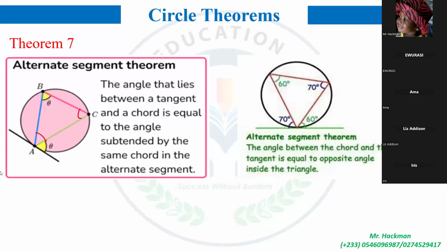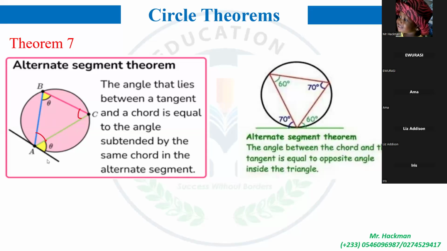So if you look at this diagram, you can see that this line here is a tangent. You all agree. Remember when we were looking at the parts of a circle, we introduced the tangent. We said the tangent is any line that meets the curve at exactly one point, only one point.